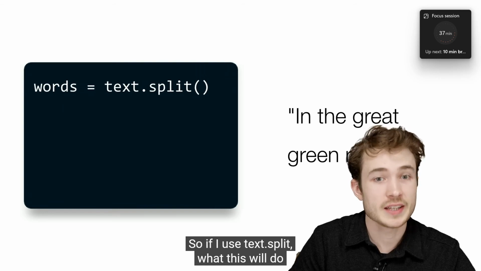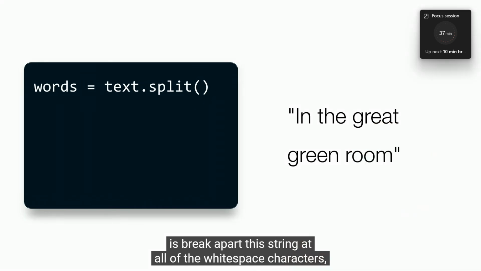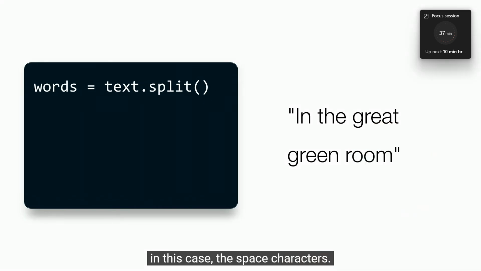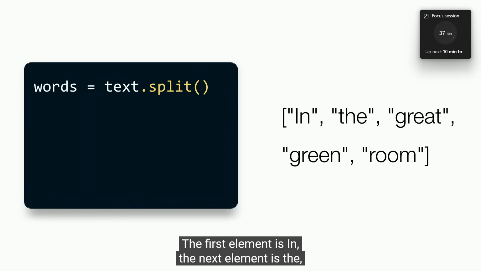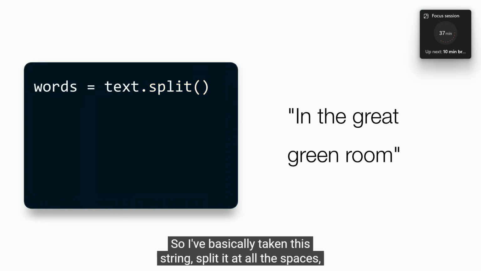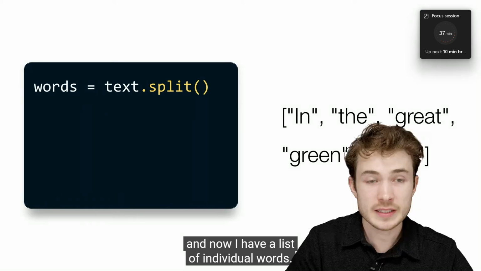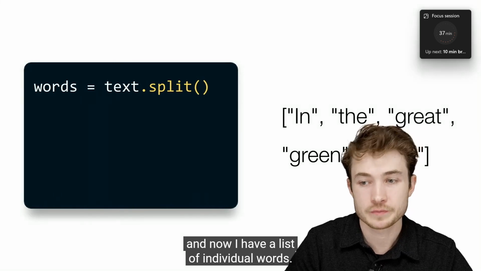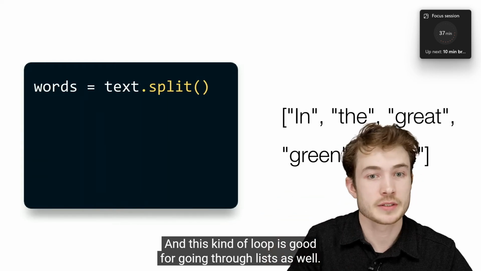If I use text.split, this will break apart the string at all of the white space characters, in this case the space characters, and I get this list at the end. The first element is in, the next element is the, then great, then green, then room. So I've taken this string, split it at all the spaces, and now I have a list of individual words. And this kind of loop is good for going through lists as well.